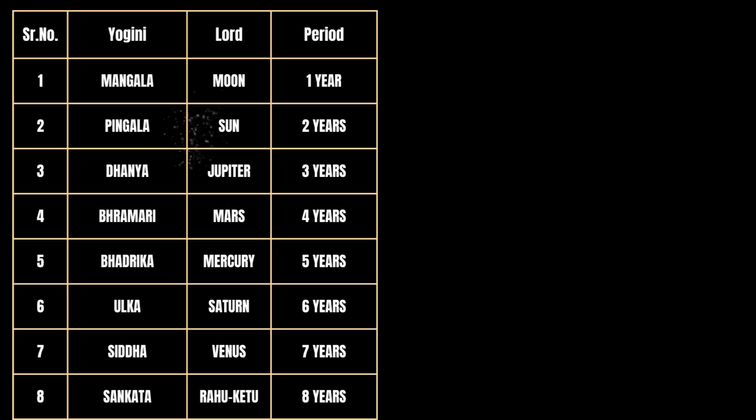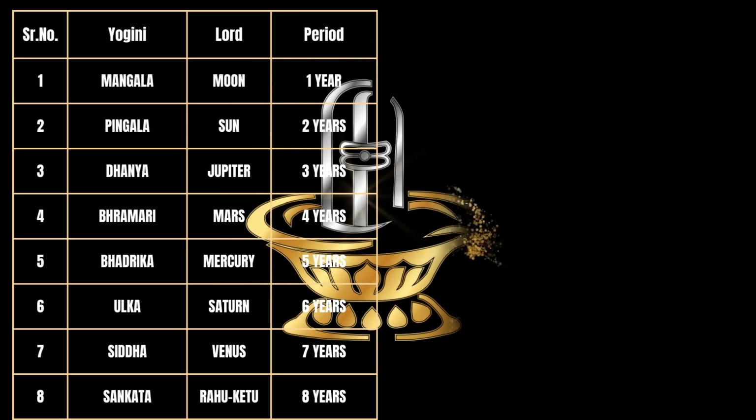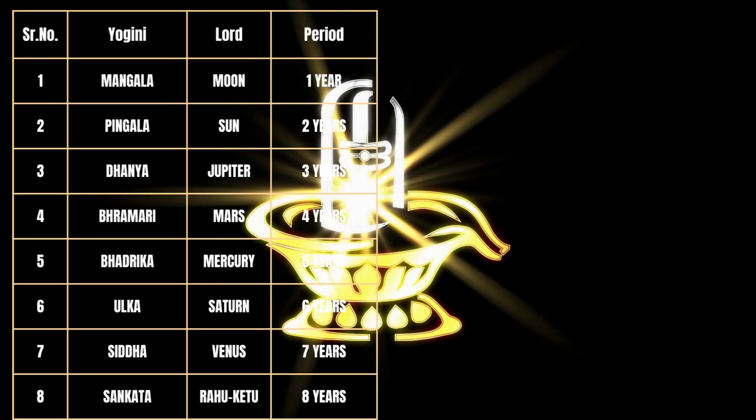So 8 periods is something you have to remember, because these 8 terms are going to be repeated all the time, which is very easy to understand. It follows a proper sequence, like the way we talk about Vimshottari Dasha, where the sequence remains the same. So after Saturn, it is going to be Mercury. After Mercury, it is going to be Ketu. After Ketu, it is going to be Venus.